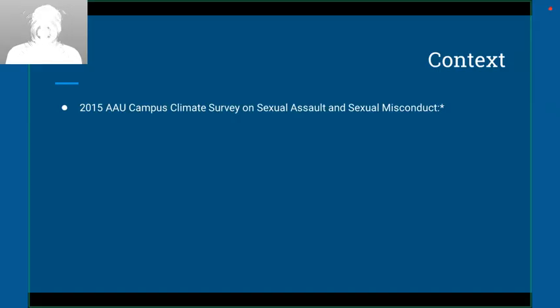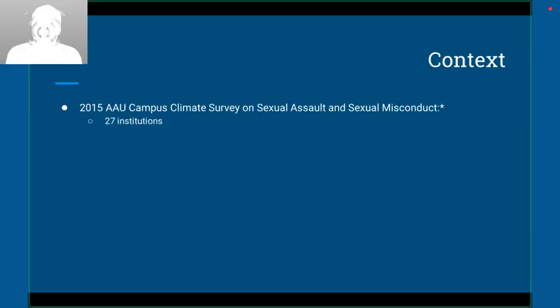And so as we've had this increasing conversation, we also have more research on these issues. So the Association of American Universities is in the process of its second really huge institution campus climate survey on sexual assault and sexual misconduct. And the last one was conducted in 2015.